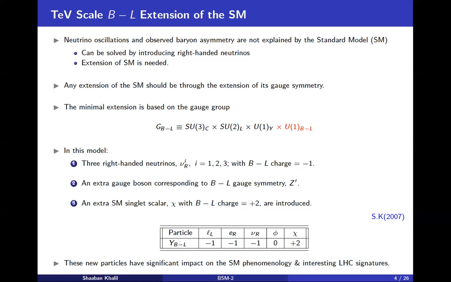I tried to argue yesterday that gauge symmetry is a very successful mechanism for constructing the Standard Model, taking us from electrodynamics to the weak interaction, to the strong interaction, to the whole picture of the quantum Standard Model. This was mainly based on the gauge group.